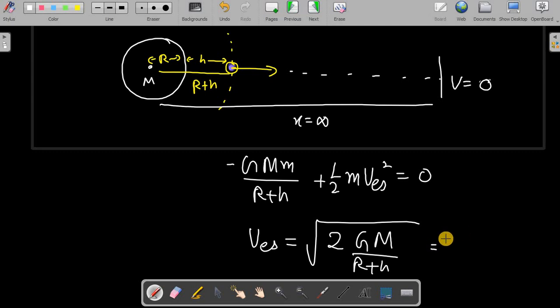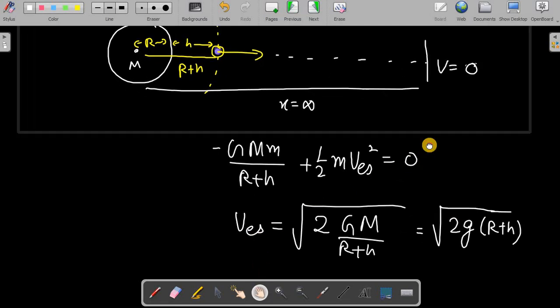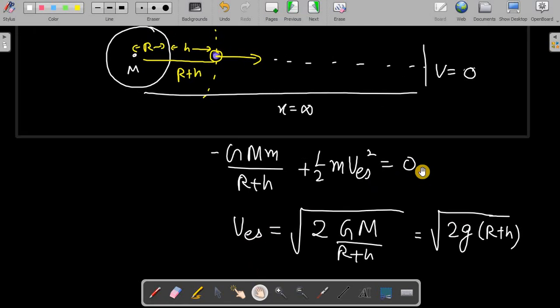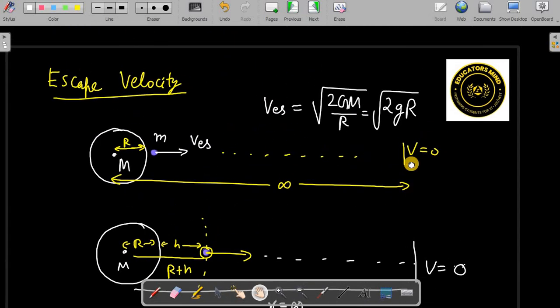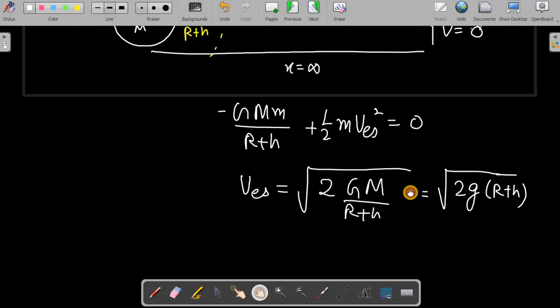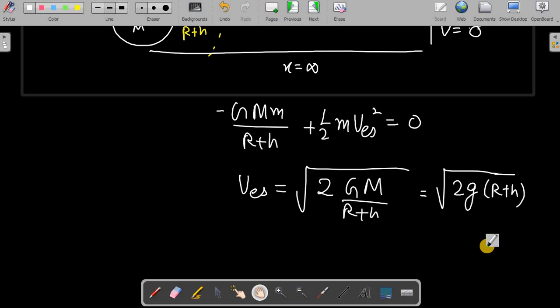This can also be written as root under 2g into (r plus h)... you can see that capital R can be replaced by r plus h. That's the only change in this formula.